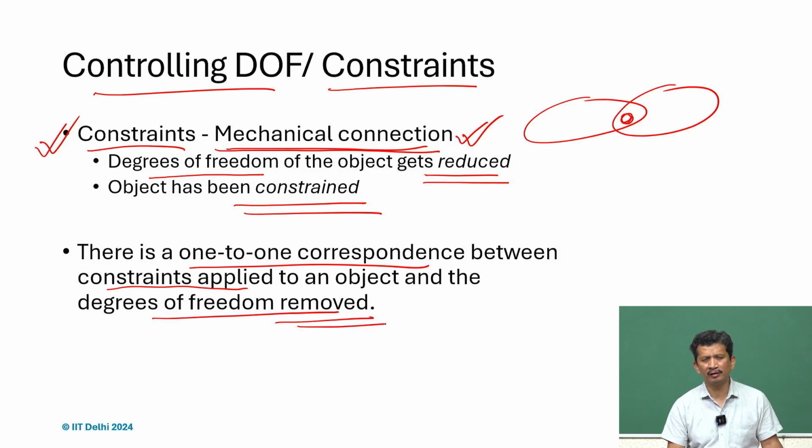Whenever we apply any constraint or establish any connection or contact between the objects, certain degrees of freedom will be reduced or removed. We have to always keep this in mind: if there is a connection, if any constraint is applied, the degrees of freedom will get reduced.